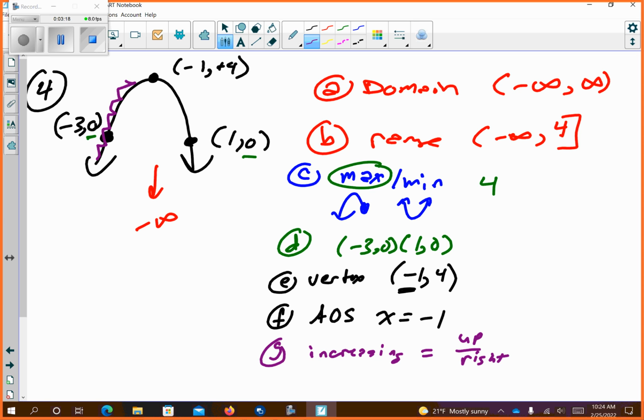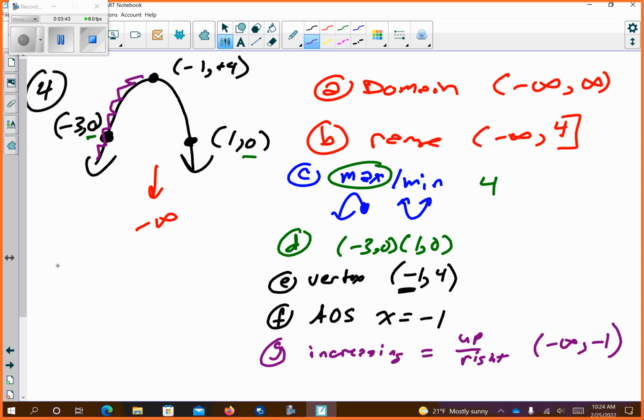It's increasing from negative infinity all the way up to the x component of the vertex, to -1. What kind of bracket is on the -1? It's soft, because right exactly at -1, it's no longer increasing, but it's not decreasing yet. So it's important to have those down. That'll help you later in math.